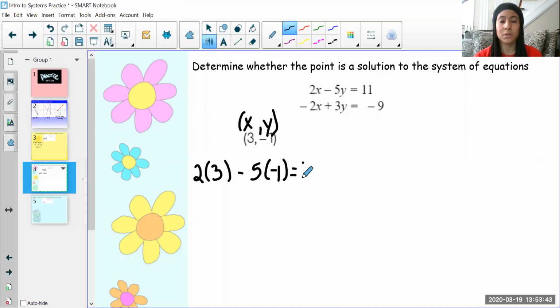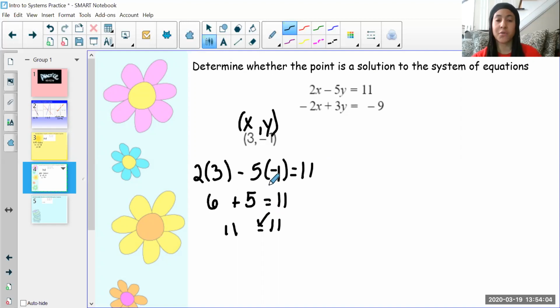Does it equal 11? 2 times 3 is 6. -5 times -1 is a +5. And 6 plus 5 is 11, and 11 equals 11. So that checks out so far.